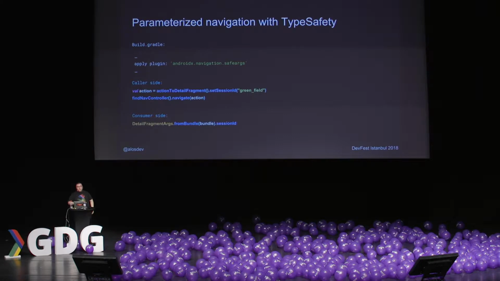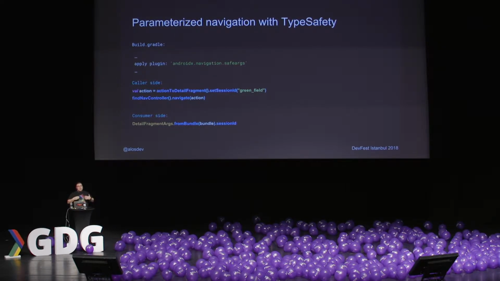a new class, which you can then use for the navigation or for the arguments. You have some type safety. At that point, you can see it here. Action to detail creates a bundle which you can use, and there you can set explicitly this session, and that's a string. For example, if you have a parameterized with parcelable, that's easier.